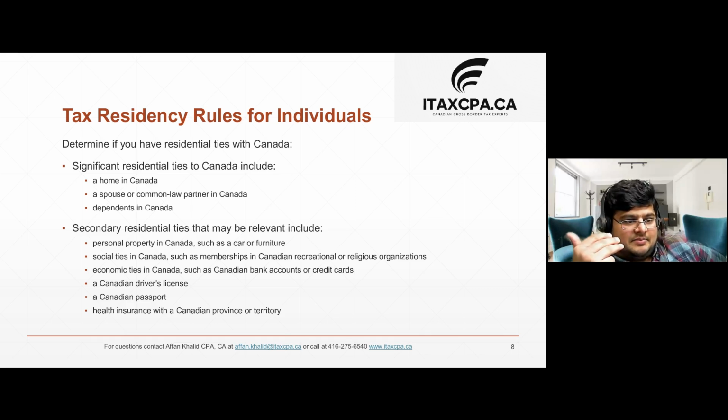Secondary ties become relevant after the primary ties. These include having a car, furniture, or social ties, such as memberships in Canadian gyms. Economic ties, such as working in Canada, having a bank account, credit card, or driver's license, have a lot of importance. Having a Canadian passport, or even health insurance matters too.